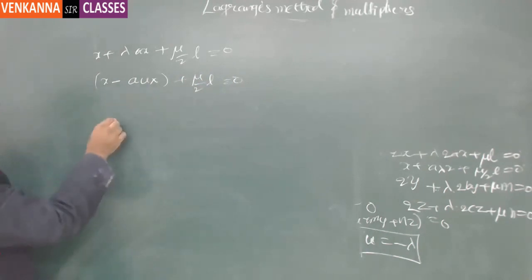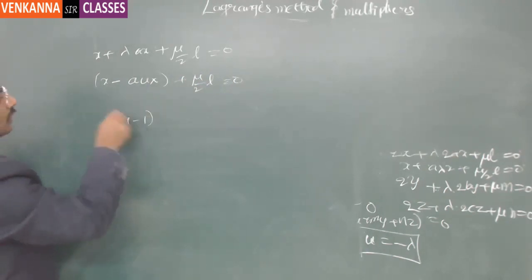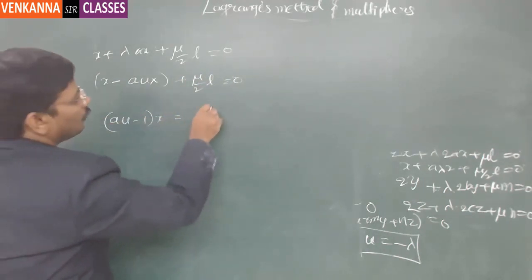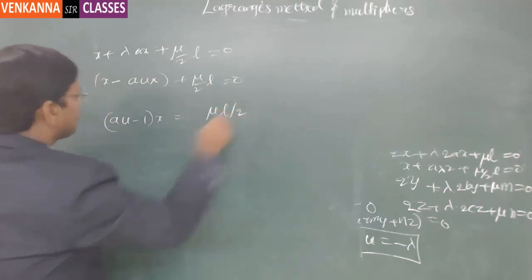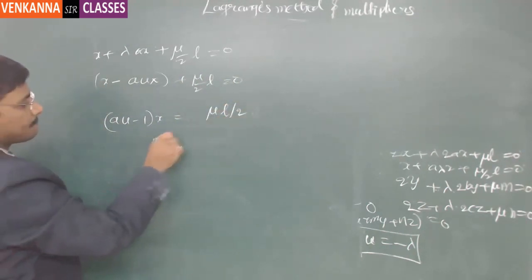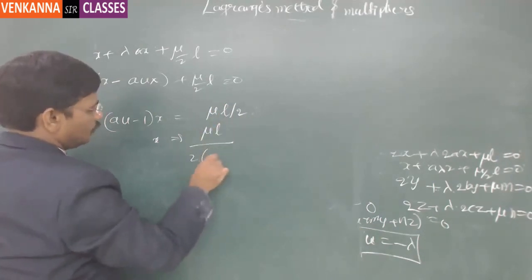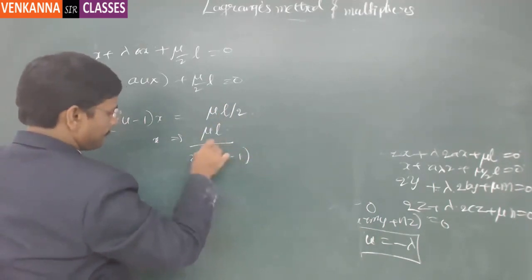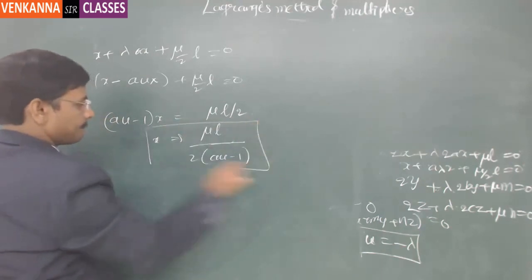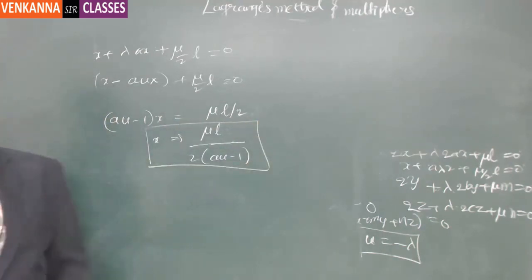Or this is au minus 1 times of x is equal to mu L by 2. Or x is equal to mu L by 2 times of au minus 1. Got it?